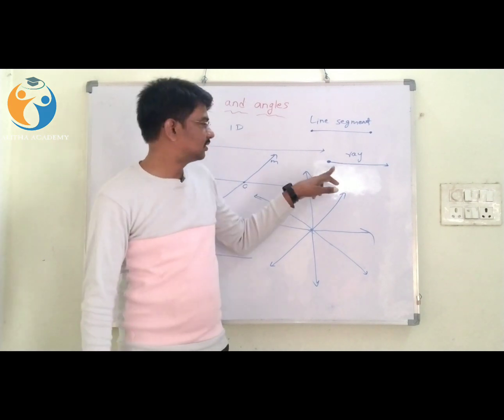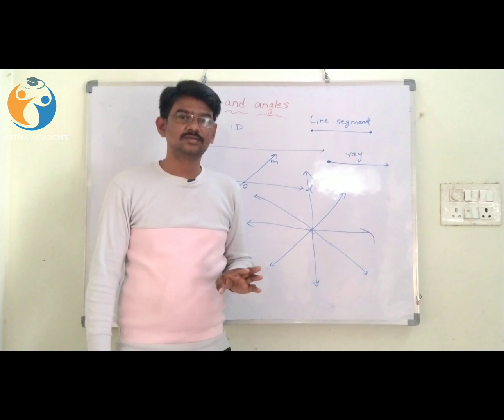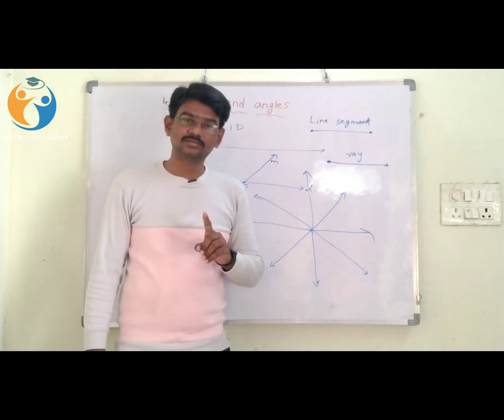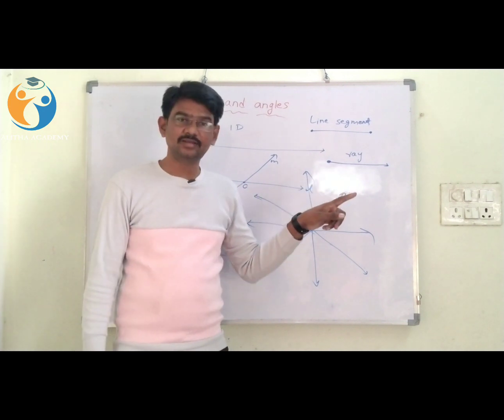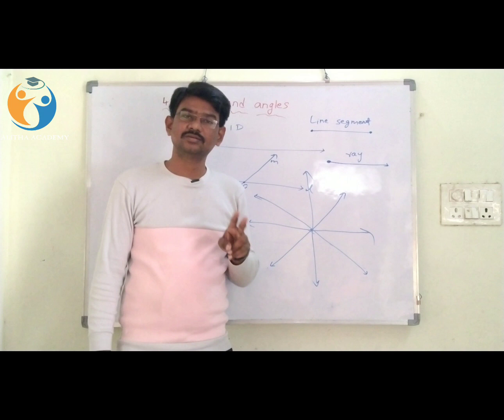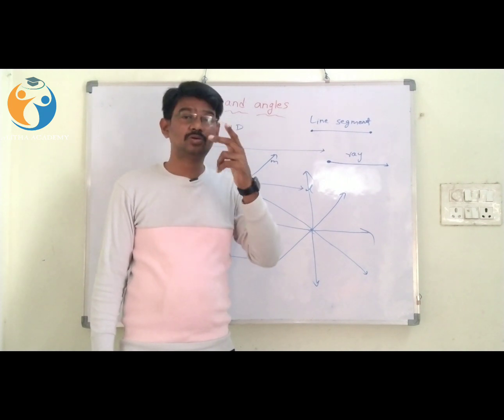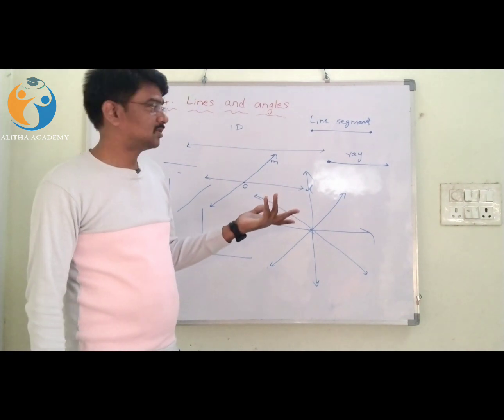So how many ends for a ray? 1. This side is the only end; this side has no end. How many ends for a line? 0. How many ends for a ray? 1. How many ends for a line segment? 2. True or false may be given in your examinations.